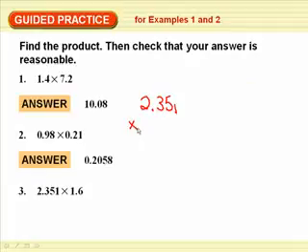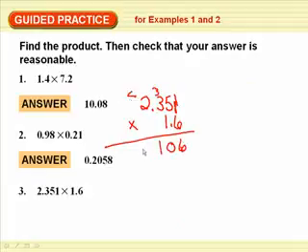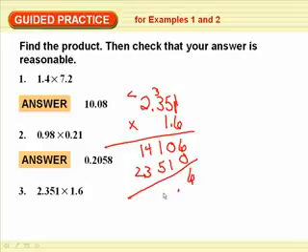2.351 times 1.6. Okay, I'm going to go turbo multiplying. There's 6. There's 30. Carry the 3. 18. The 1. Carry the 2. 12 plus 2 is 14. Add a place value. 1, 5, 3, 2. And that's not very turbo, is it? 6, 1, 6, 6, 7, 3.